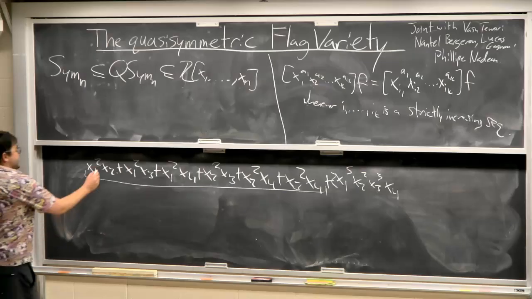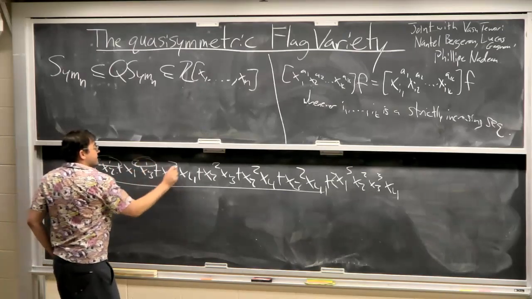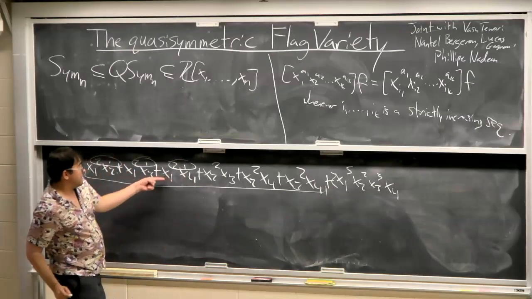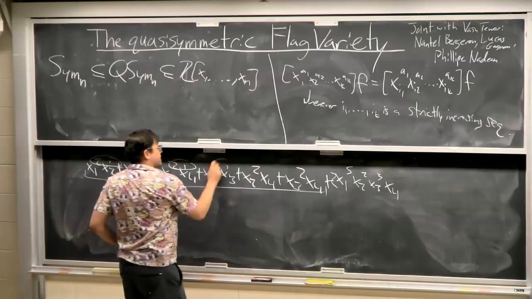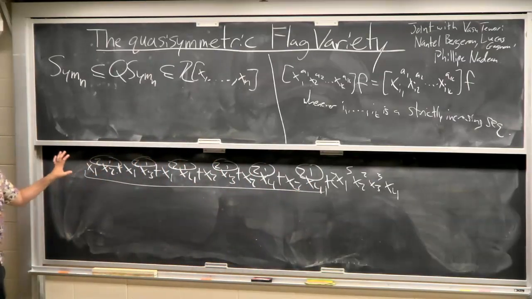Notice that the exponent sequence is 2, 1 in all of these, and the indices are strictly increasing. The difference between symmetry and quasi-symmetry is that with symmetry, you would also demand, for example, x1, x2 squared. But here we don't require that.